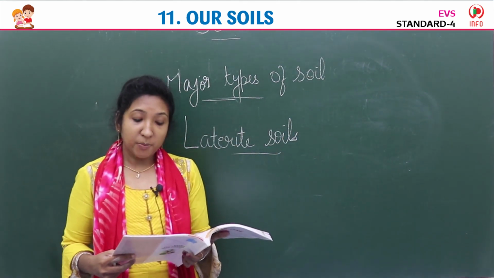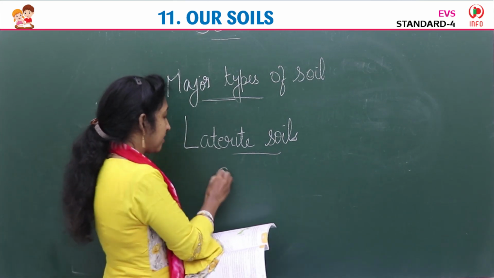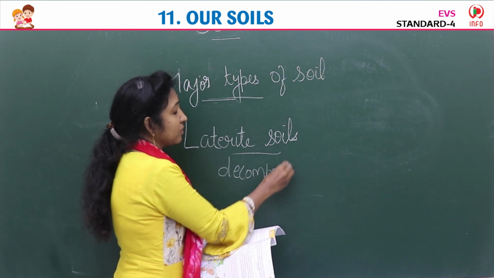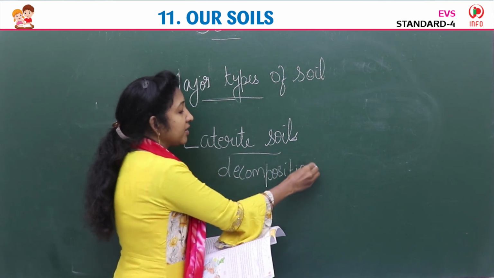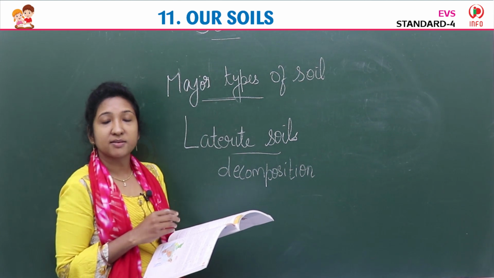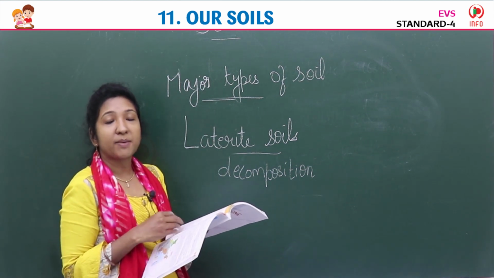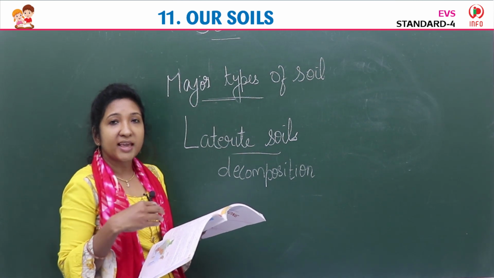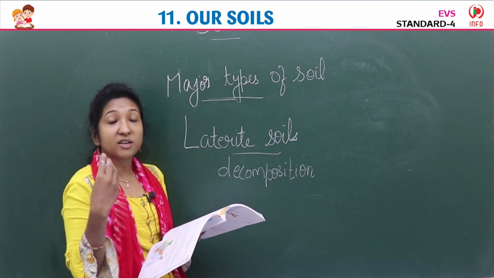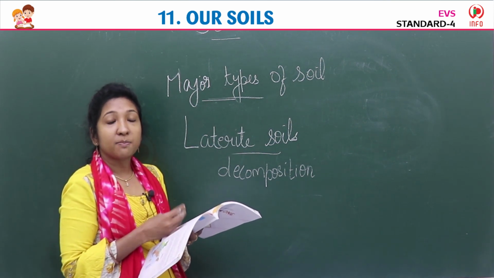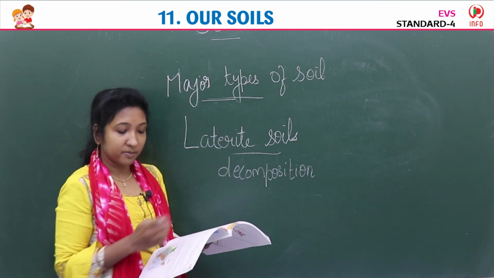Laterite soils are formed by decomposition. What is the meaning of decomposition? Decay, we say. If plants and animals die, after some days we say it got decayed. Decaying of animals and plants is called decomposition.